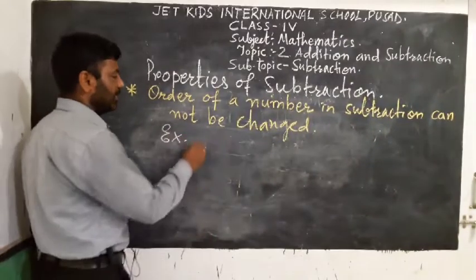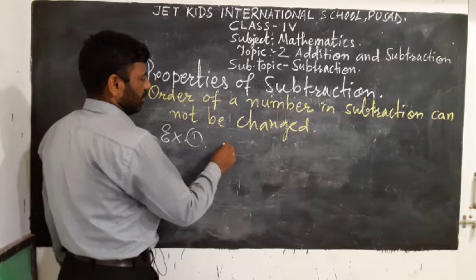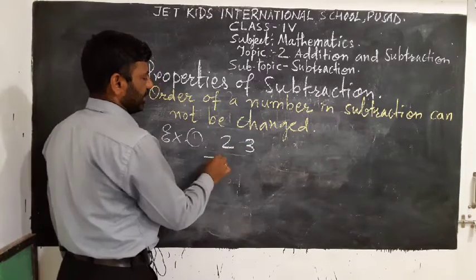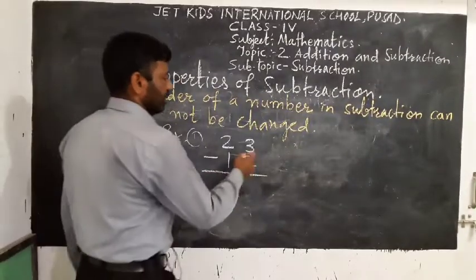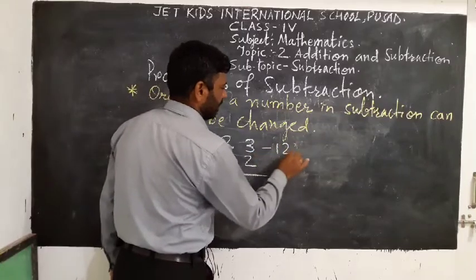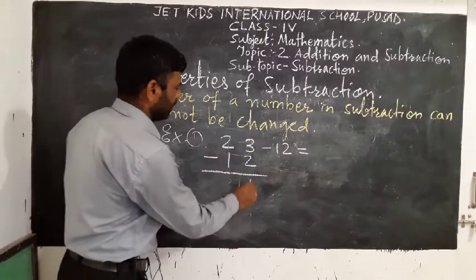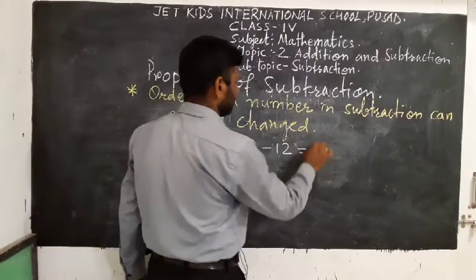Let's take an example, then your vision will be clear. 23 minus 12. I will write like this. 23 minus 12. What is 23 minus 12? 11.